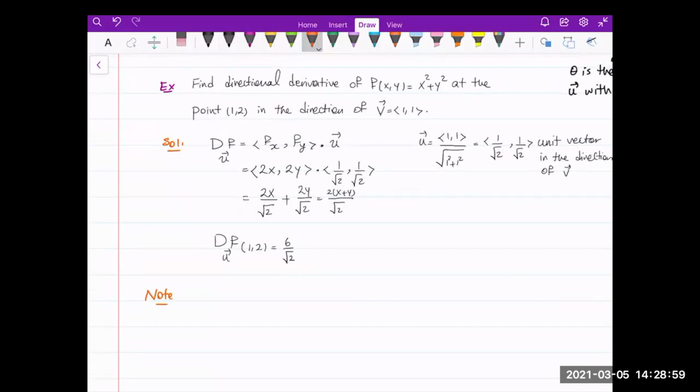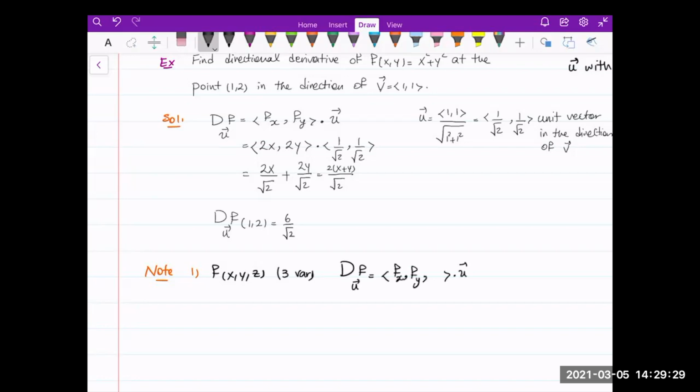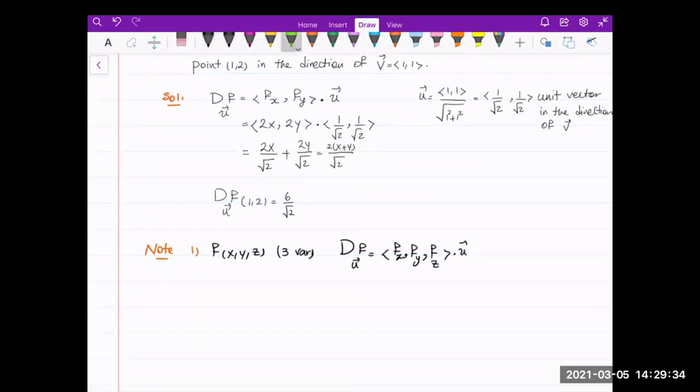Note 1: if we have a function with 3 variables, f of x, y, and z, then to calculate the directional derivative of f in the direction of u, you need to calculate the dot product of the unit vector in the direction of u, just assume that u is the unit vector, and the vector of the partial derivative with respect to x, with respect to y, and with respect to z.